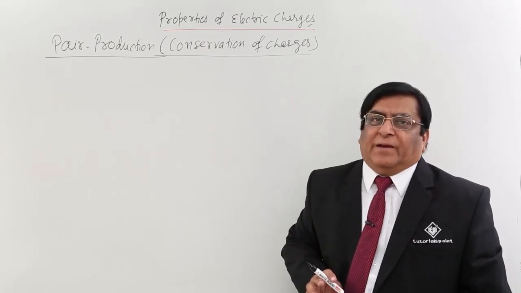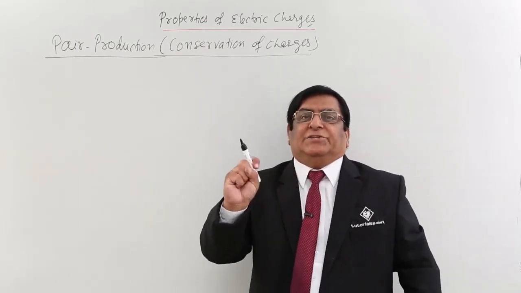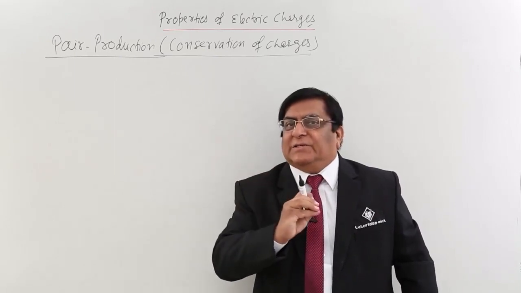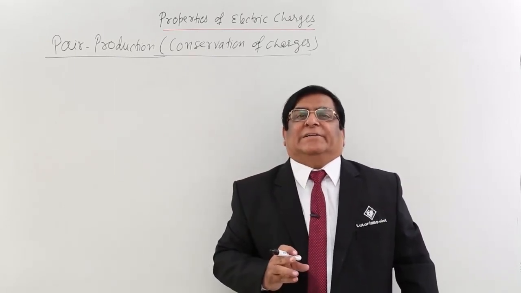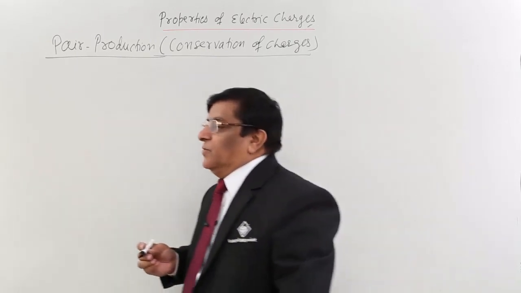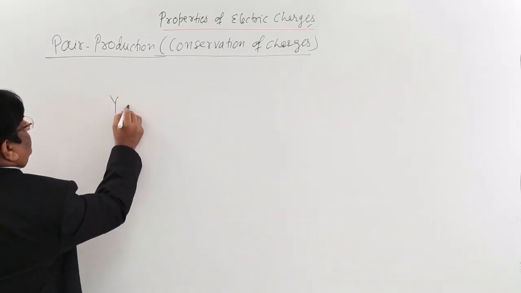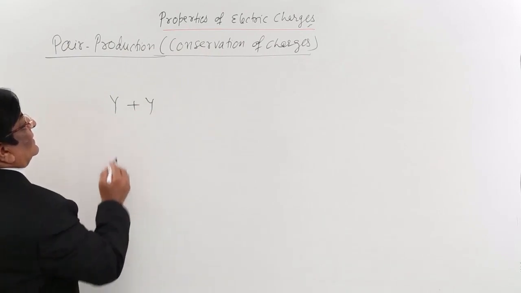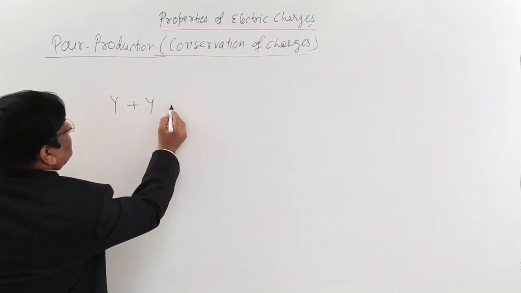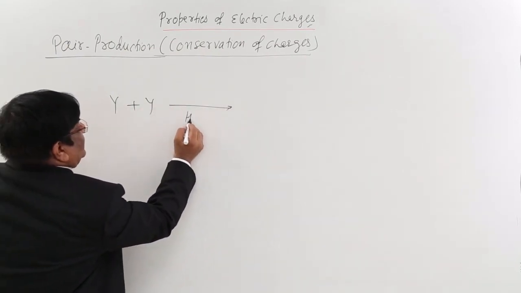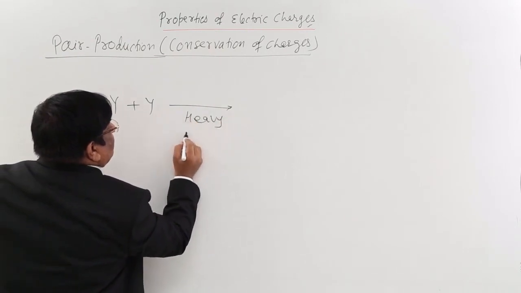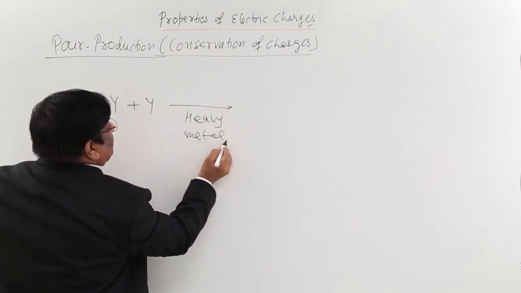What was our experiment? We brought energy waves, energy rays which are most powerful, let us say gamma rays. Now two gamma rays are taken up. Two gamma rays, they strike a heavy metal like platinum or any such metal.